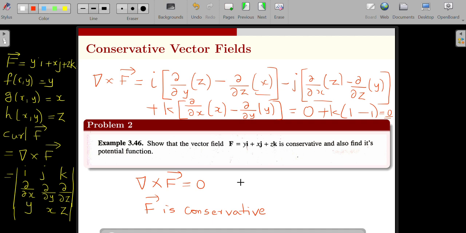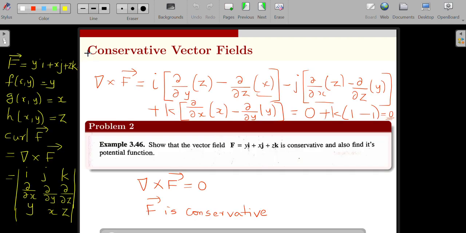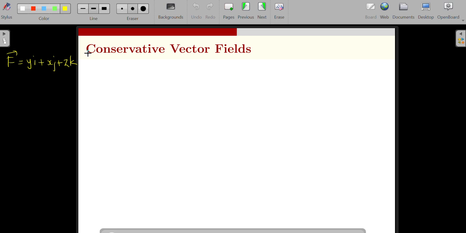Now the next thing that we are asked to do is to find the corresponding potential function. So we know that since F is a conservative vector field, there exists a scalar function. F is equal to yi plus xj plus zk.